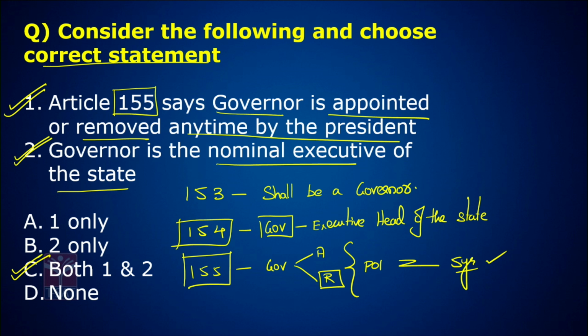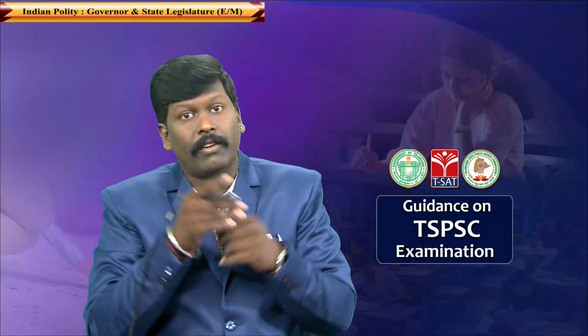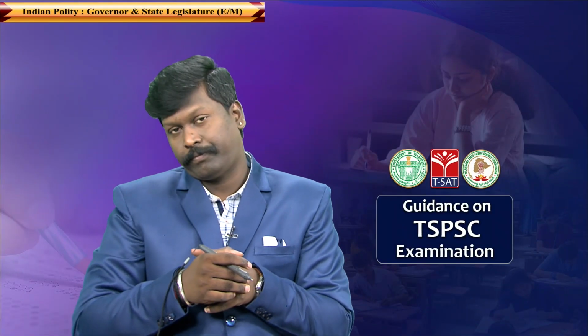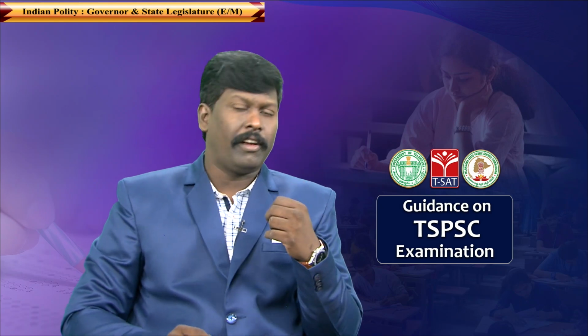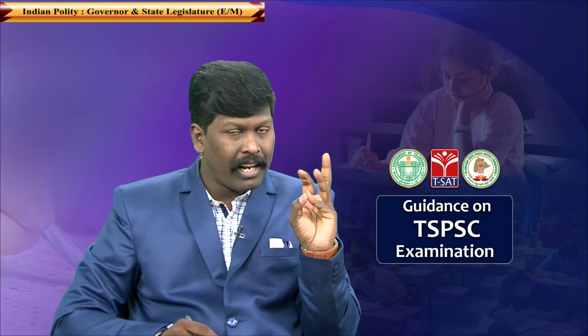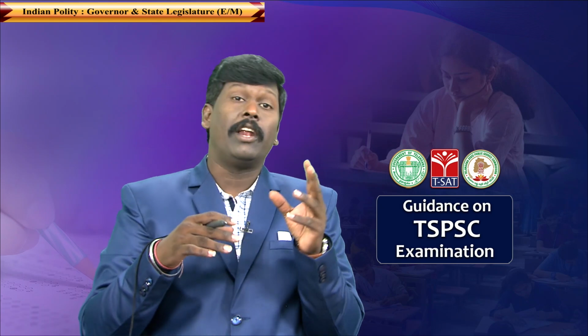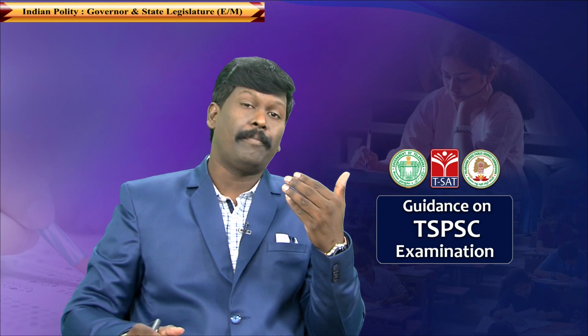Now, look at the screen again. Focus on it. The President of India can any time remove the governor, but even if the President does not remove the governor, he continues to stay till 5 years. There are two types of executives: nominal executive and a real executive. The nominal executive of the center is the President.